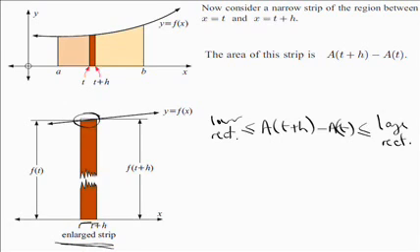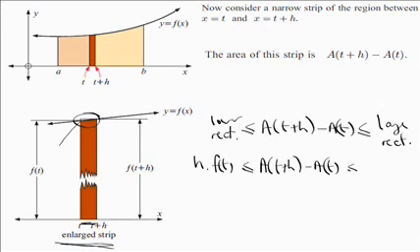To find the area of the rectangles themselves, we have width times height. The width is h and the height is this y coordinate here, which is f(t). For the upper rectangle, the width is h, and the height of that rectangle is the y coordinate here, which is f(t plus h).